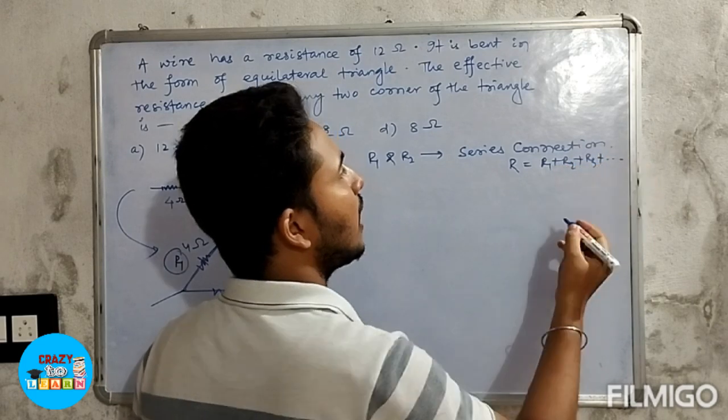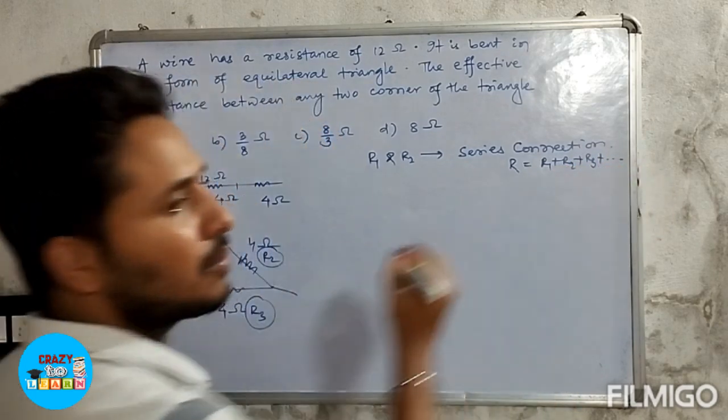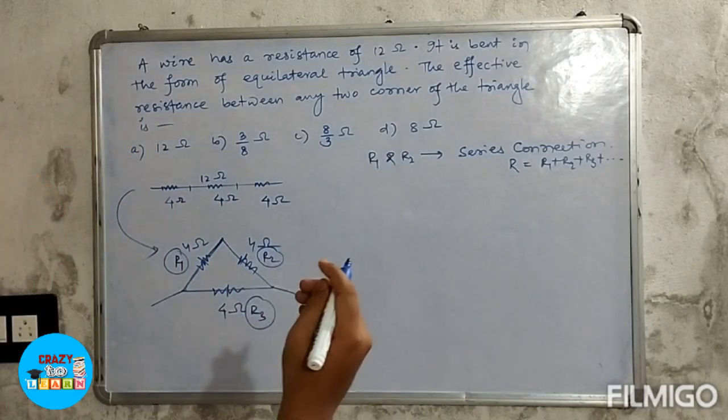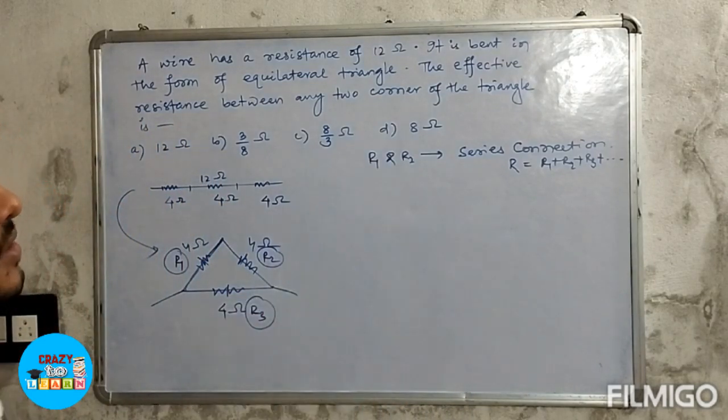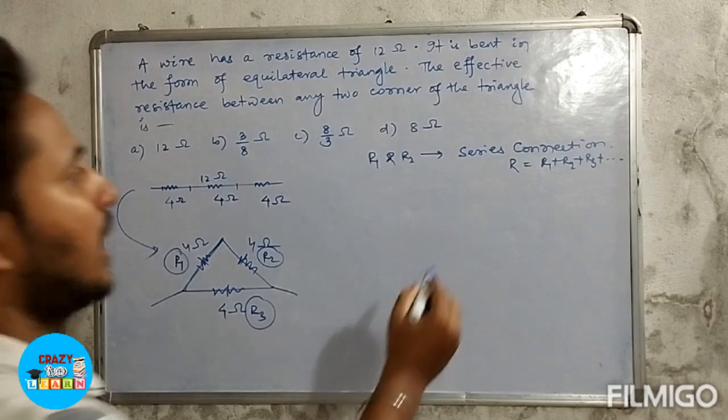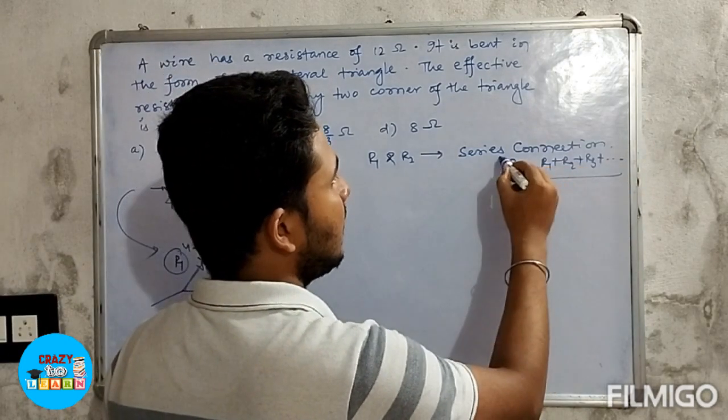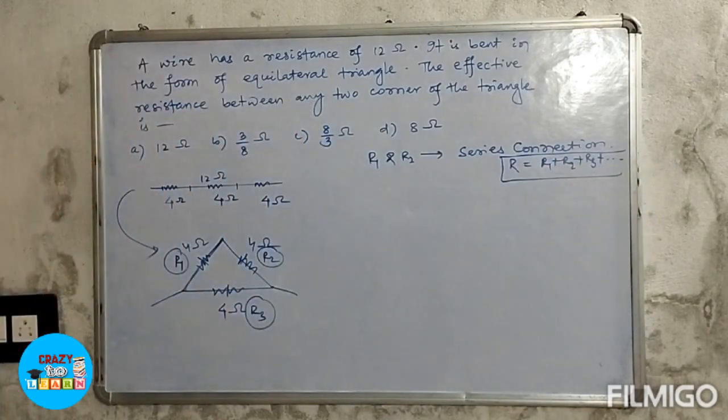plus dot dot dot. However many resistances are given to you, you have to add all the resistances. This is the formula for the series connection.